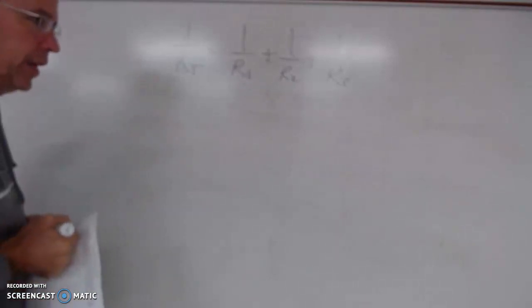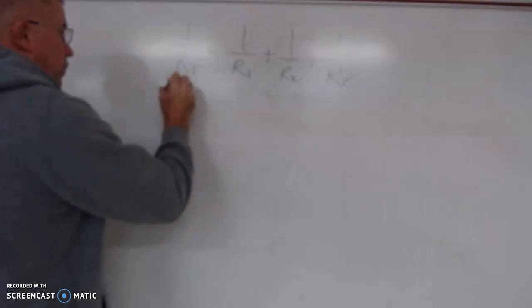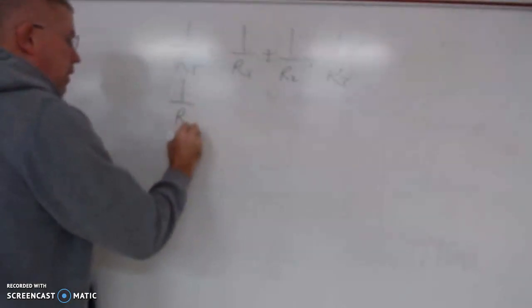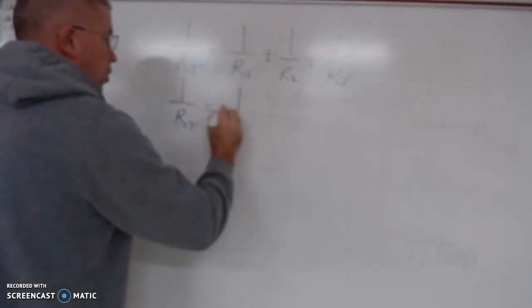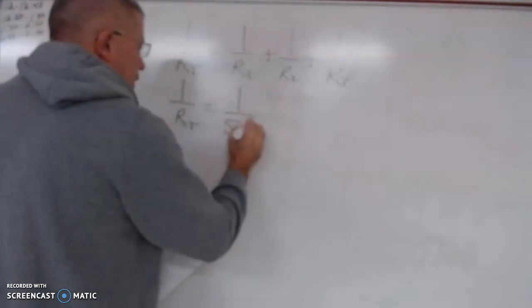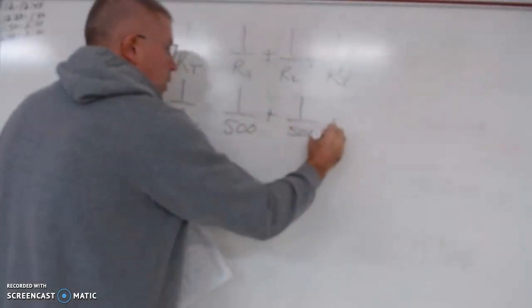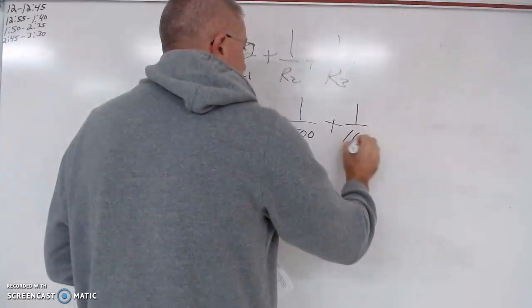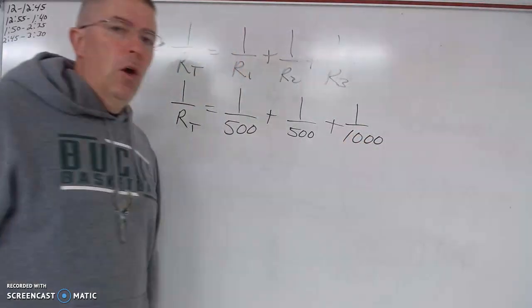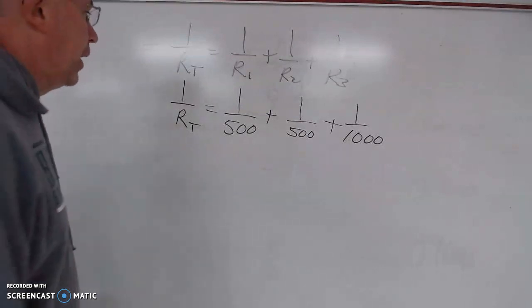So now we just have to plug in our numbers. So 1 over RT equals, if we look at number A, 1 over 500 plus 1 over 500 plus 1 over 1,000. Well, if you want to add fractions, you must find a common denominator.